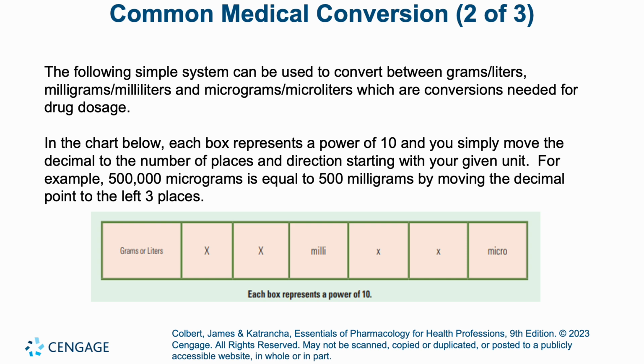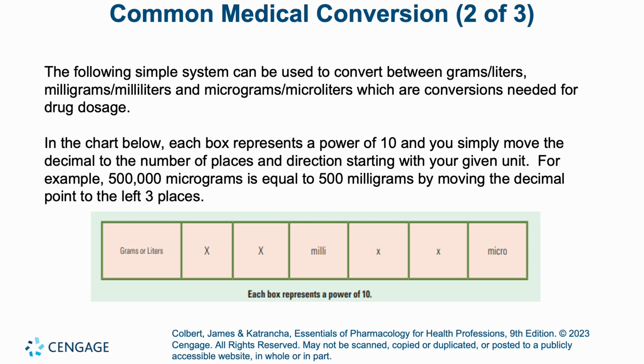The following simple system can be used to convert between different units of measurement, which are conversions that you will need for drug dosage. So it's a great little chart down here on this slide. Each box represents a power of 10, and you simply move the decimal to the number of places and directions starting with your given unit. So for example, if you have 500,000 micrograms, you'll see micros are all the way here on the right side of this little chart. And you want to know how many milligrams that is, you will move the decimal point over to the box where it says milli, which is 3 boxes to the left of micro.